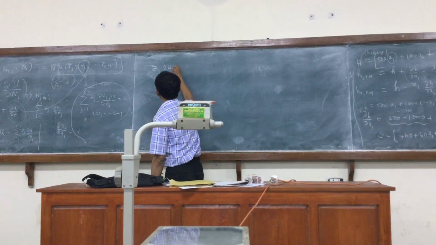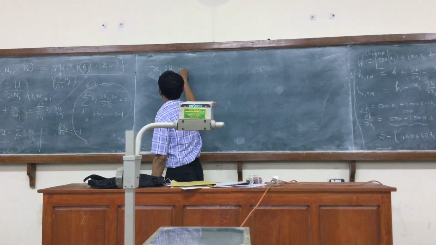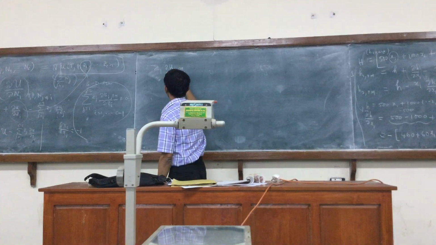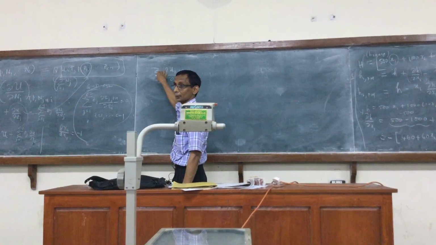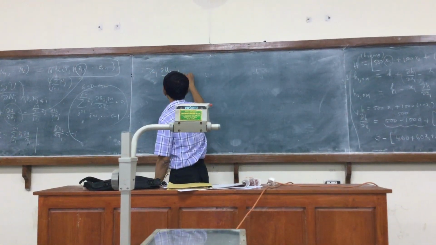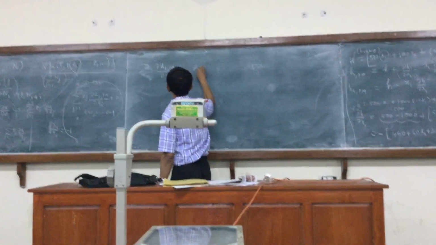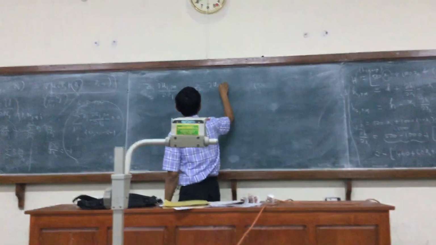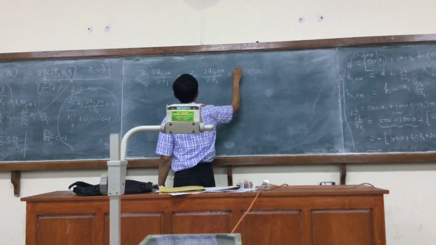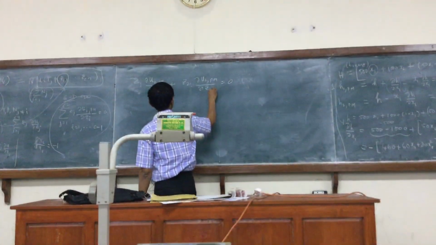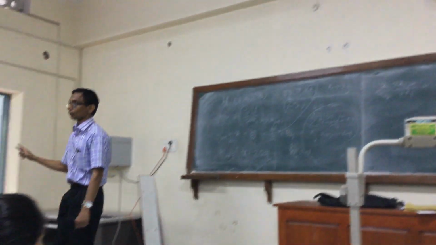Z1 dmu1 dM by dz1. Again, here the partial refers to not keeping Z2 fixed but keeping the temperature and pressure fixed. That's why I am retaining it. This only gives you an equation.